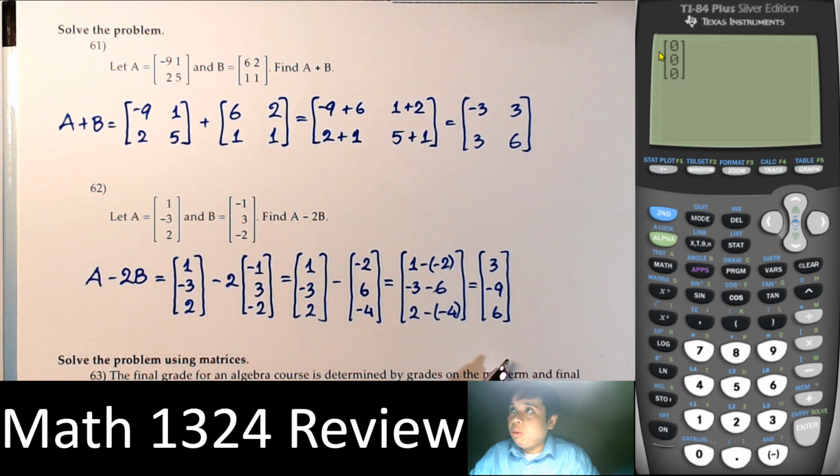And when you are in this environment, don't hit enter until you want the answer. So just hit 1 and then hit down to the negative 3. Also this is a negative sign, not the subtract. The subtract is between two numbers. The negative is in front of a number.